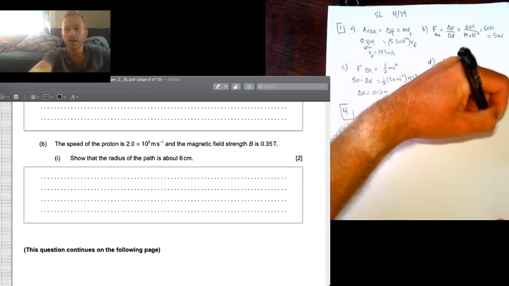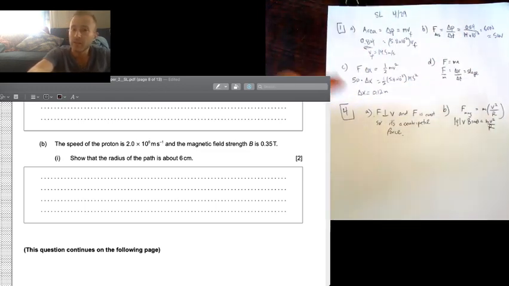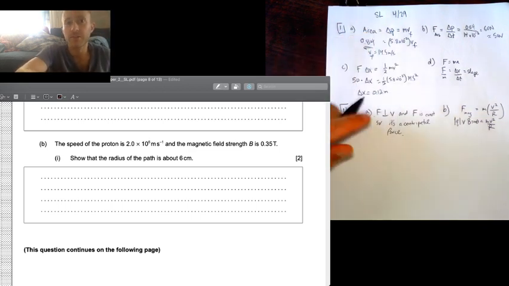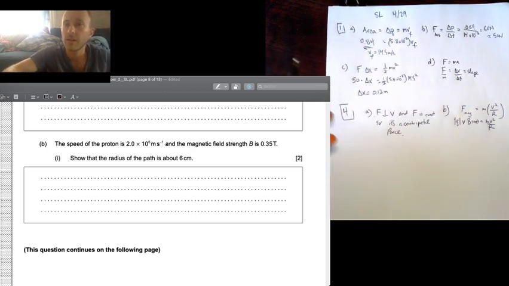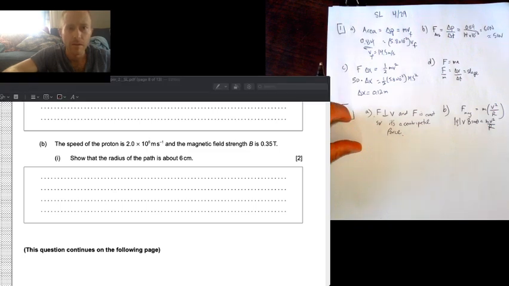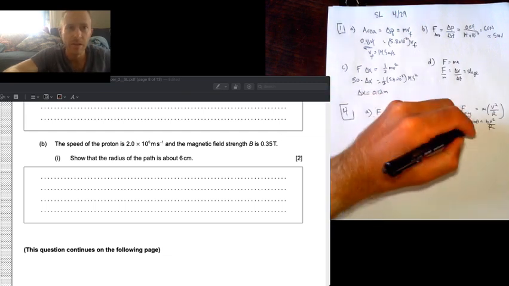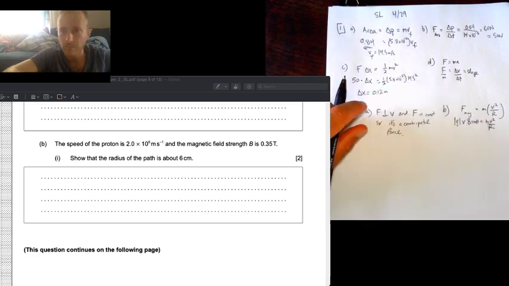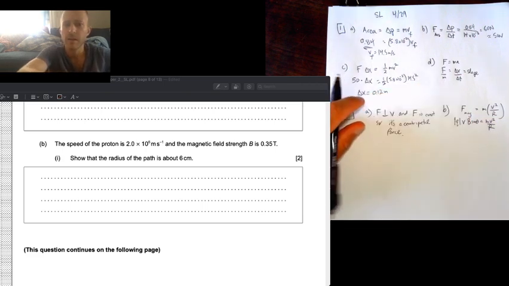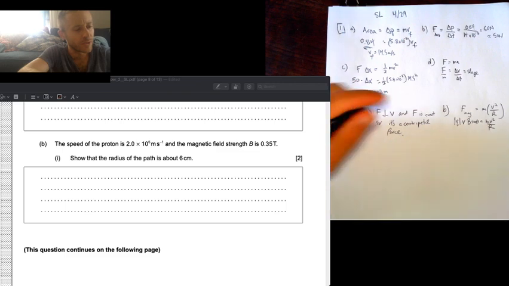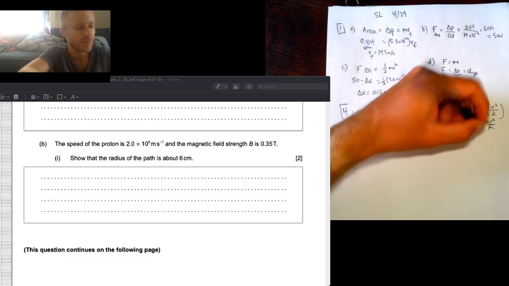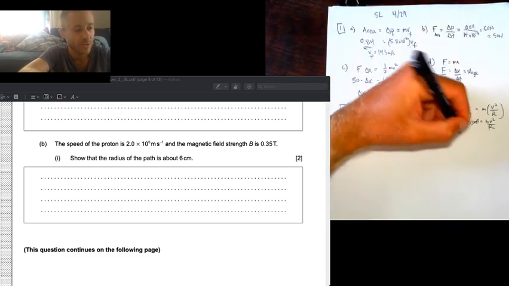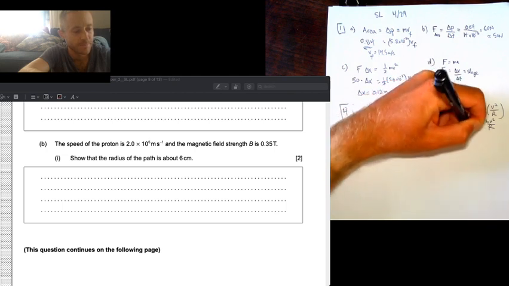Because the velocity and the magnetic field are perpendicular to each other in this case, the angle is 90 degrees. And so for that reason, we can just get rid of the sine theta term, and you can solve for r. You get r equals mv over qB.